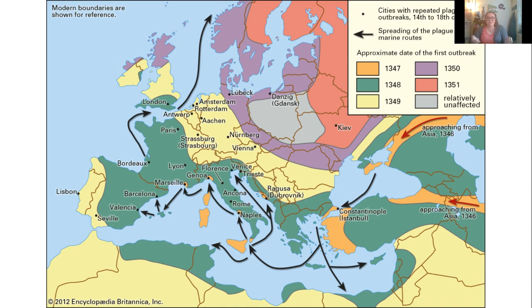Typically, the bubonic plague would hit really hard the areas that were much more densely populated because you have people living on top of people and people crammed into small spaces. So it makes sense that a disease would ravage these densely populated areas more than it would in rural spaces.